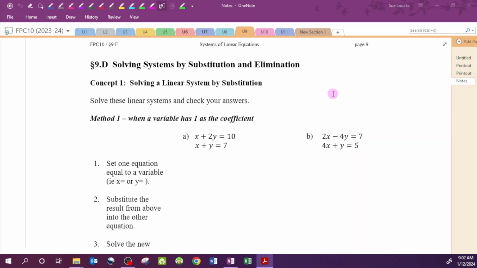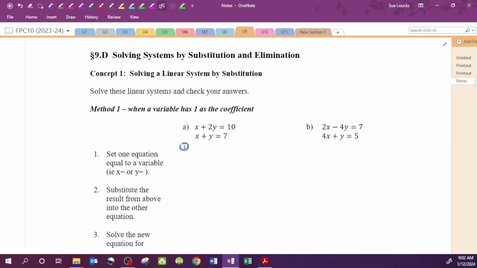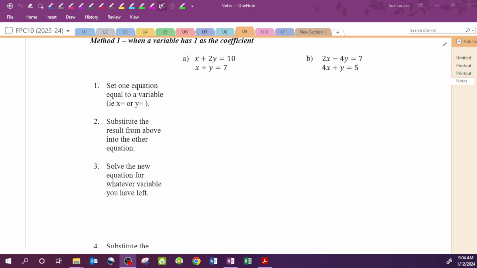The first step is to take one of the two equations in your system and set it so that one variable is equal to an expression. So for example, number one, I'm going to take this equation because it's the simpler one.